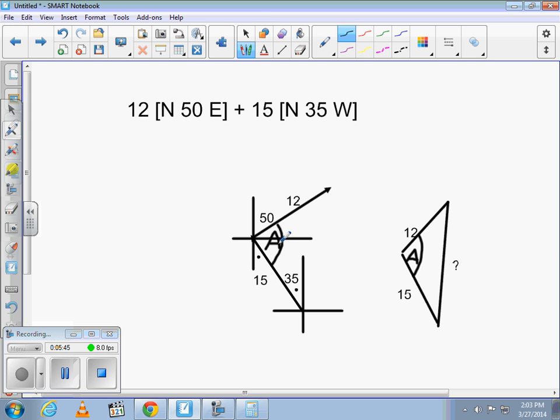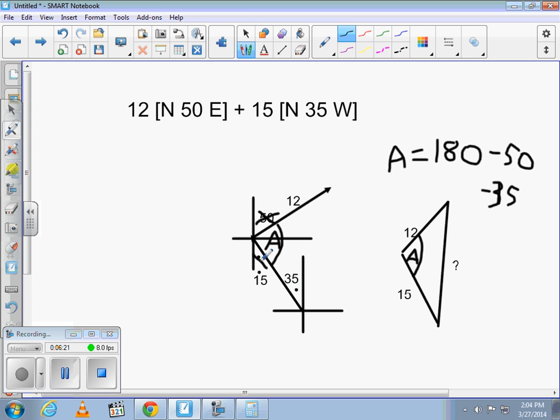And that angle A is going to be 180 degrees minus 50 minus 15. So that angle A is 180 minus 50, because I'm taking away this part, and minus 35 because I'm taking away this part.